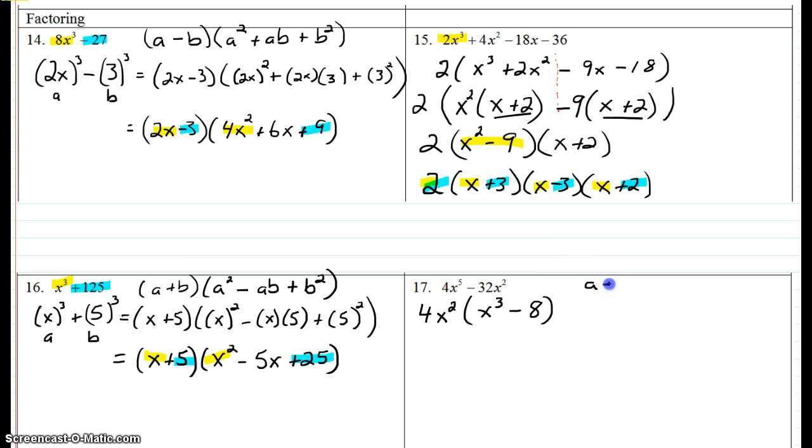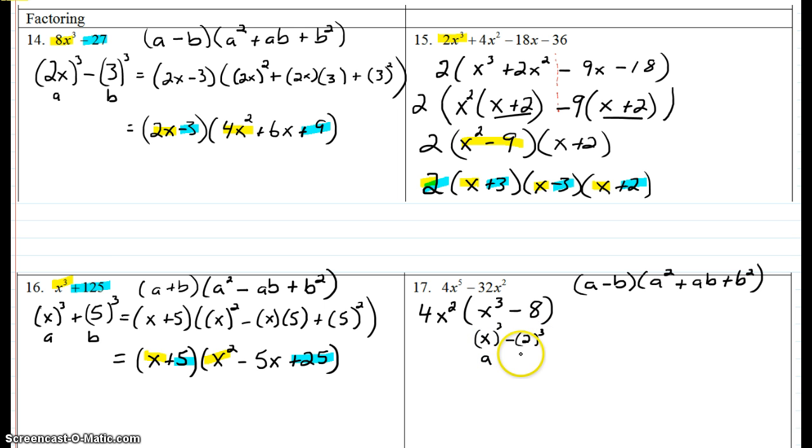So I'm going to rewrite my formula again. And so this is just x cubed. This is just 2 cubed.